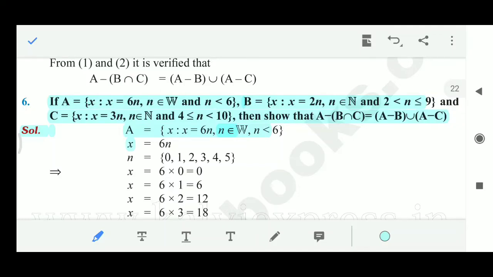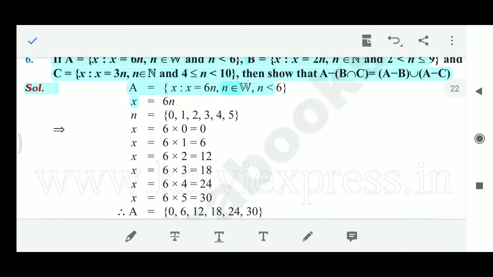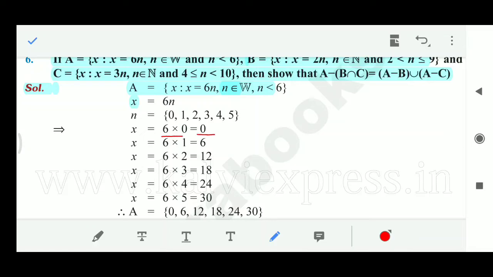Okay, first we are going to find the sets A, B and C, because all these three are in set builder form. Now we are going to find the elements of A. For that, x is equal to 6n, n belongs to W and n is less than 6. So W means whole numbers, so 0, 1, 2, 3, 4, 5.